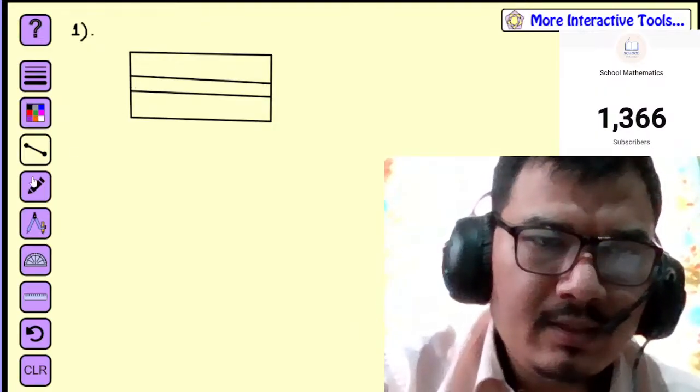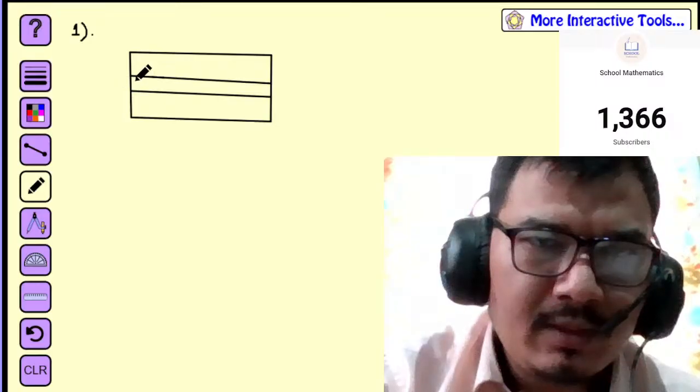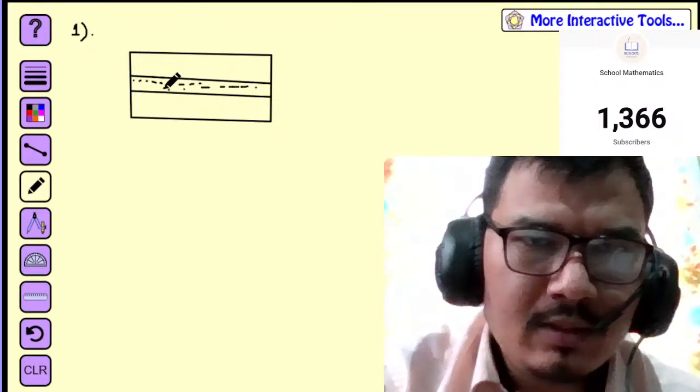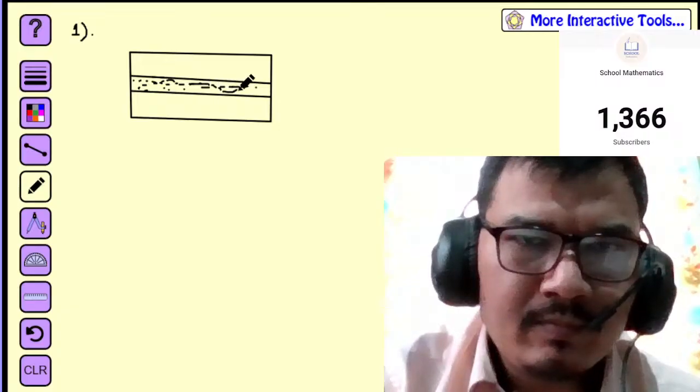this part is whole shaded, this part is totally shaded, this is the totally shaded part of this figure.